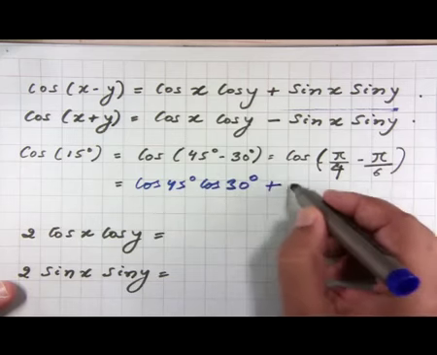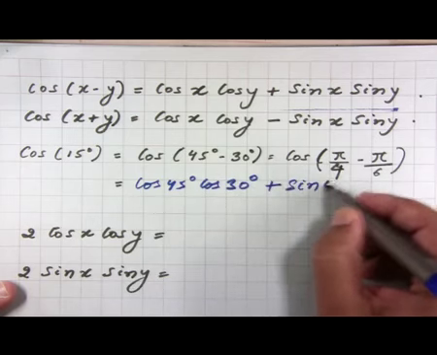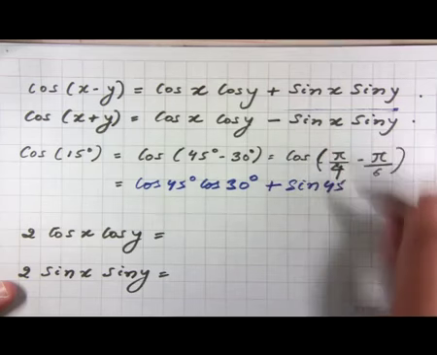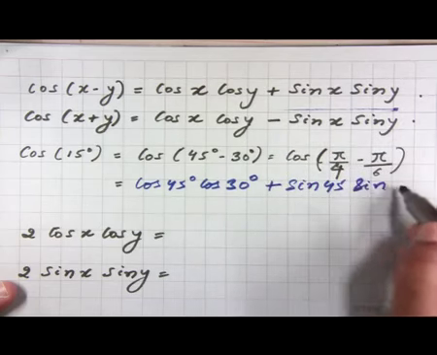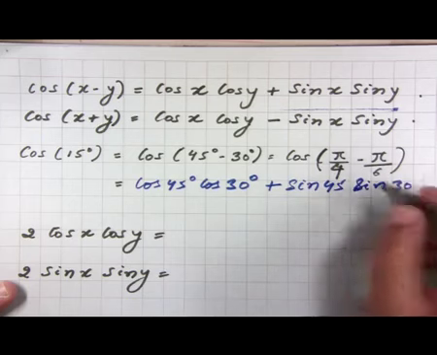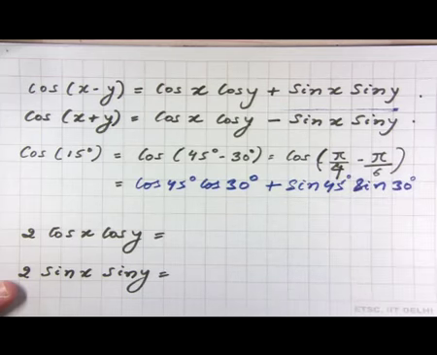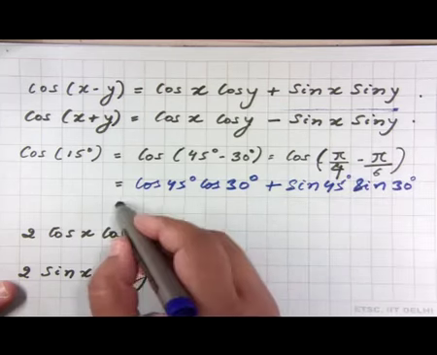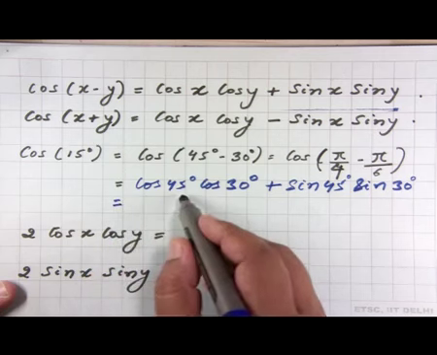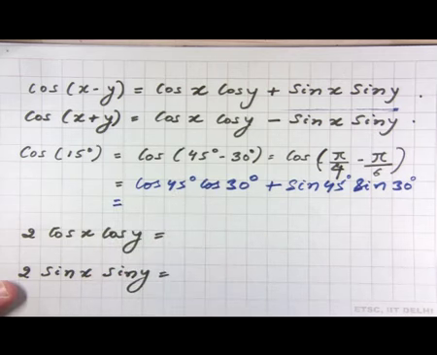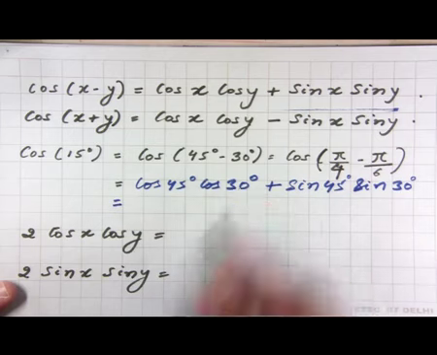plus sin 45 sin 30. So, these are all degrees, okay. And this of course is equal to, cos 45 is equal to 1 by root 2 and cos 30 is equal to root 3 over 2.